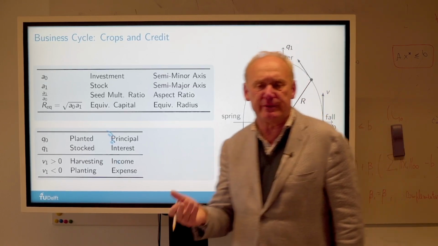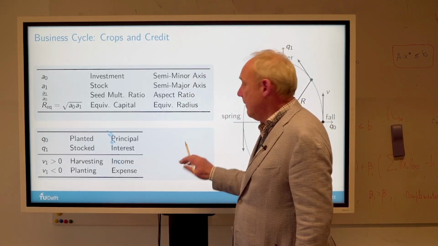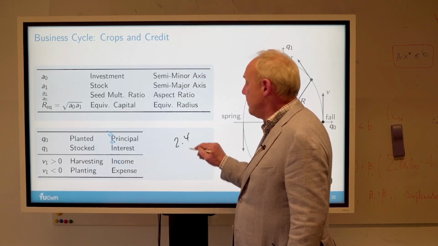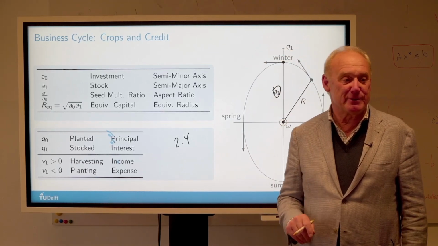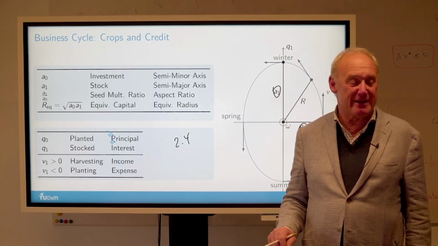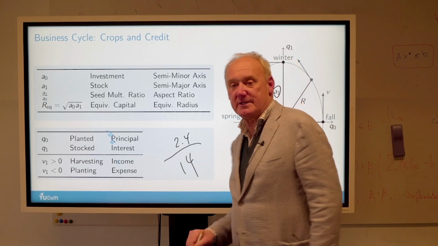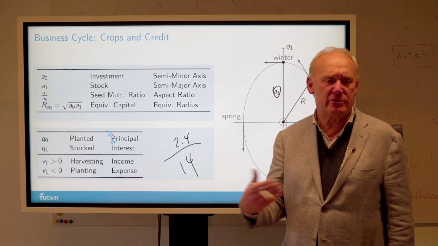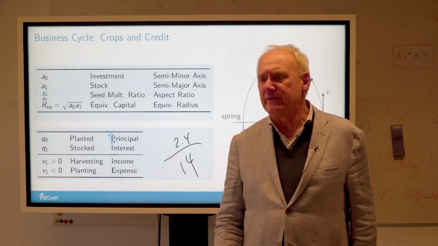That's very typical. I think in Europe, in the Middle Ages, it was like 2.4 or something. With one big exception, there was the Netherlands, apparently. I looked this up. And in the Middle Ages, they had a seed ratio of 14. So it's extremely efficient already in 1500, all right?